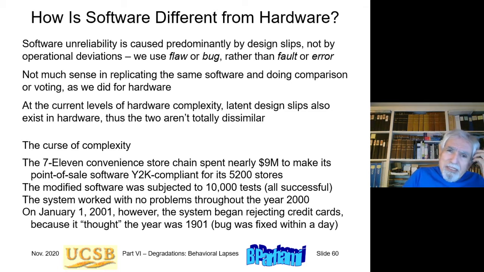They're basically things that exist in the design of the software, not things that can go wrong as the software is being executed. So it's good to have distinct terms for this. We can also have hardware flaw or hardware bug, and that's when the hardware design is not correct.